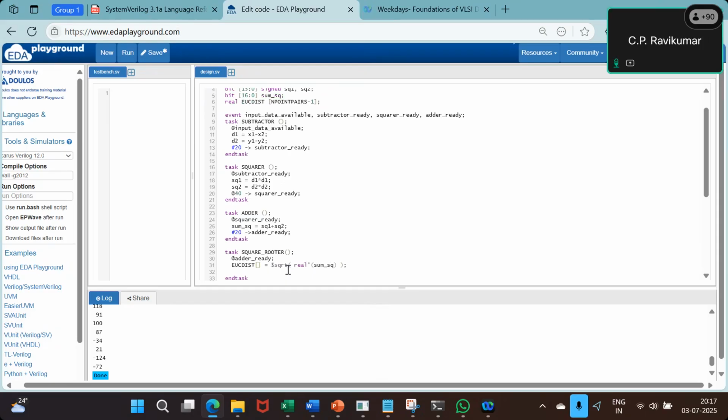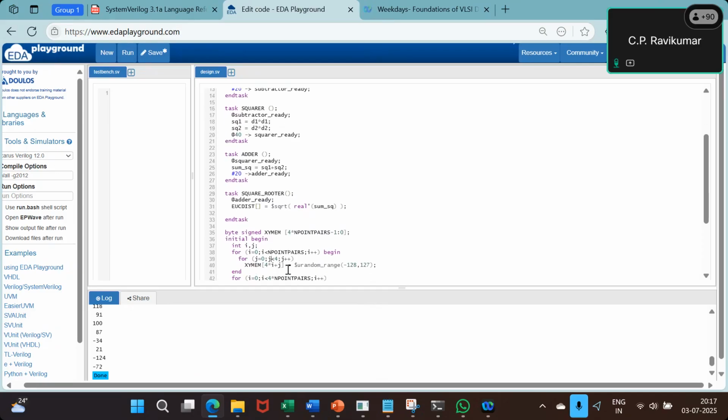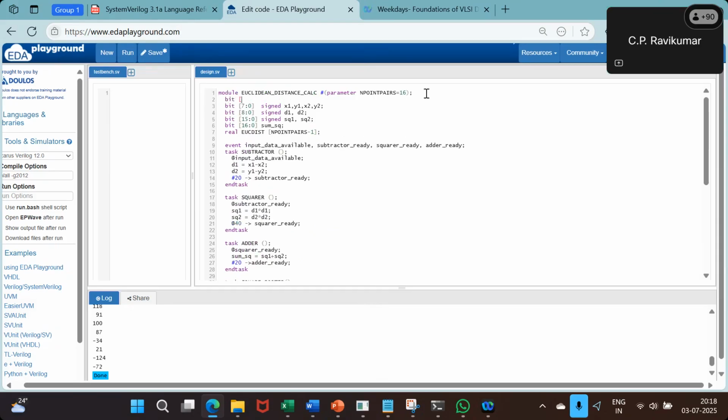See, where to put it is also important. So maybe that also has to be given by this guy. Okay, we may have to say bit $clog2 of n points minus 1 to 0 of index.